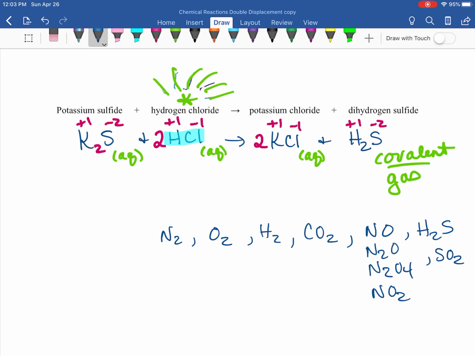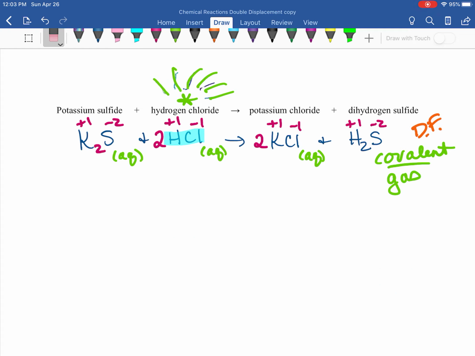Any of those NO derivatives, they're all gases. Our sulfurs are gases. Some of those are gases. These are some of our common gases. So maybe write those down on your cheat sheet. If we end up making some of those, those are going to be our gases. All right, once we spot the fact that we just made a gas, that's our driving force.